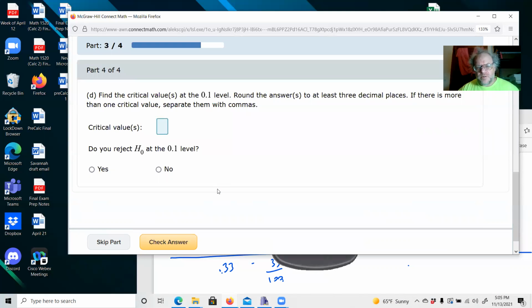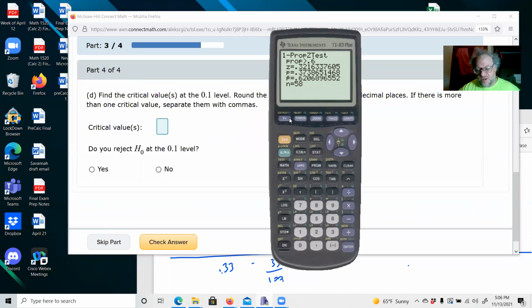All right, and now we're going to do the critical values. Since it's a right-hand side test, we use the whole alpha value here. By the way, I will not be asking a question like this, so if you feel like you can't remember how to do this, no worries, you're not going to be called upon for it.